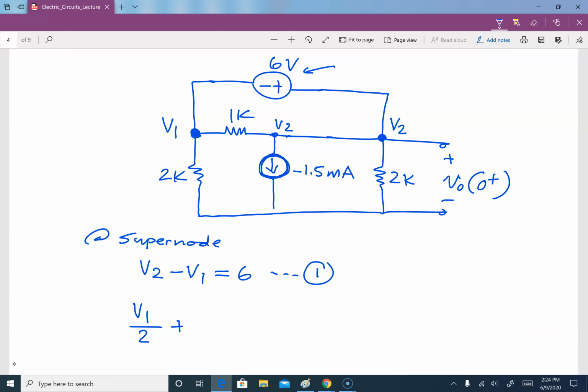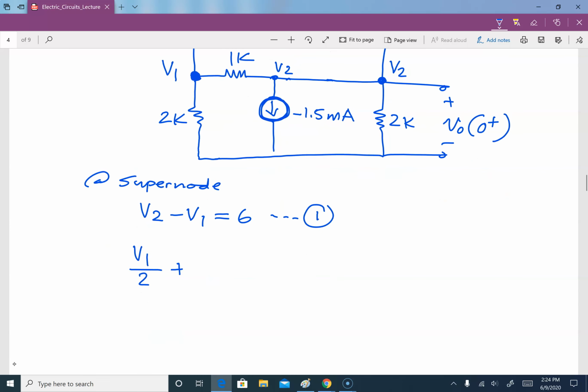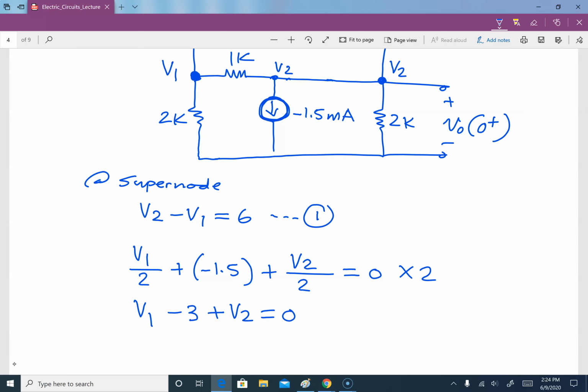And then now we will jump to V2. And that is a plus negative 1.5. Then a plus V2 over 2. And that is equal to 0. If I multiply by 2, we will end up with V1 minus 3 plus V2 is equal to 0. That means V1 plus V2 is equal to 3. And this is our second equation.